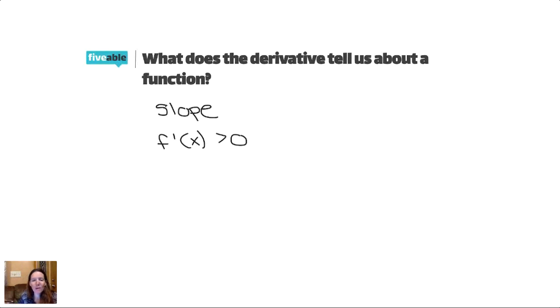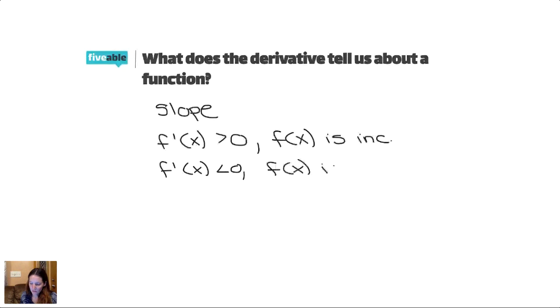So if the slope is positive, then the function is going to be increasing. And on the opposite side, if the derivative is negative, then f of x is decreasing. So knowing something about the derivative also tells us something useful about the function.